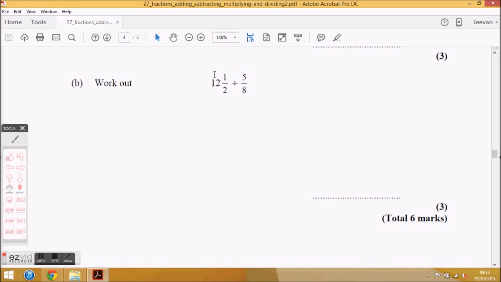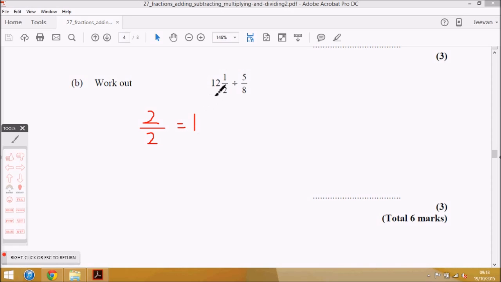So how do we convert this into a top-heavy fraction? Well, think about what this actually means. We have 12 whole ones and a half. Remember, a whole one consists of 2 halves, doesn't it? 2 out of 2, or 2 halves, is equal to 1.